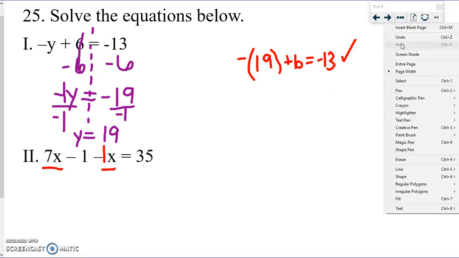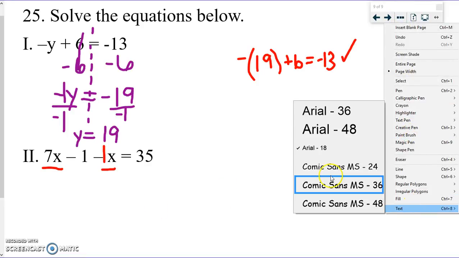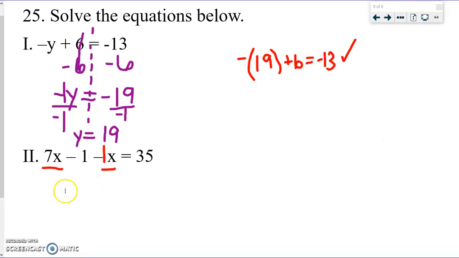So now we need to combine them. So 7x minus 1x is going to give us 6x. The negative 1 stays there because there's nothing to combine that with. And then this equals 35. And I think most people are probably good from here because this is just a two-step equation.